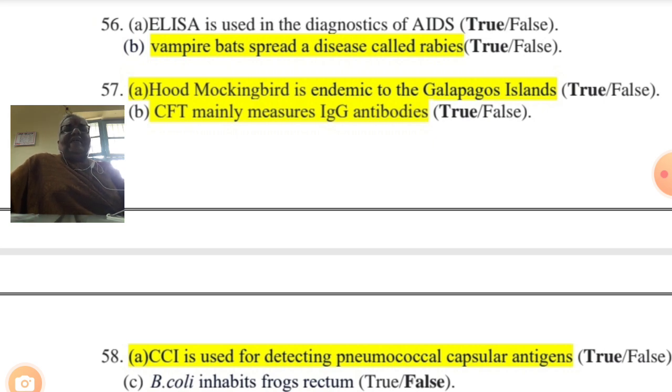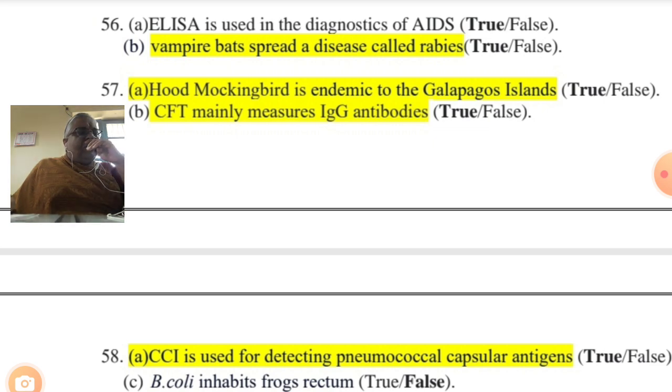If a particular animal or plant species is restricted to one particular region on this globe, then we say that particular species is endemic to that region. So here the question is, hood mockingbird is endemic to the Galapagos Islands. That means it is not found anywhere else other than in Galapagos Islands. And the answer is very much true. It is endemic to Galapagos Islands.